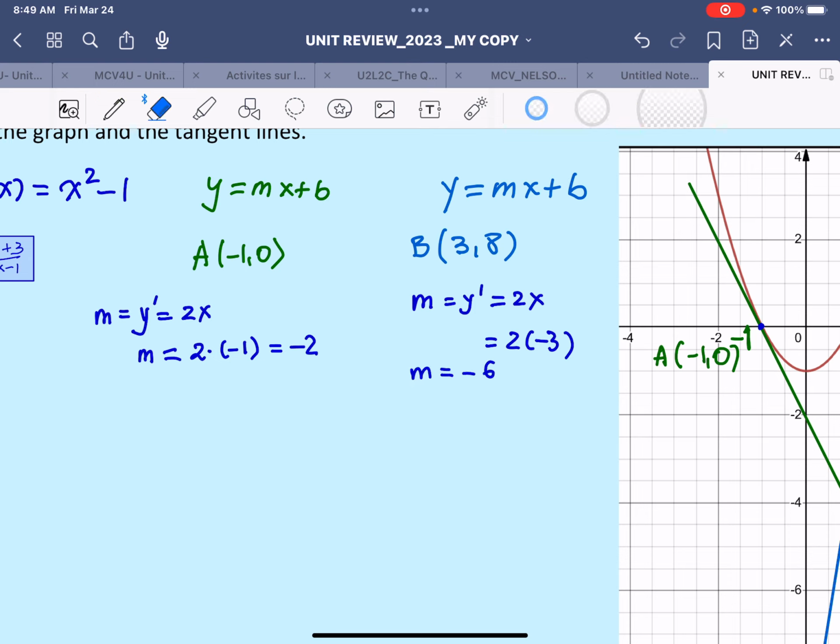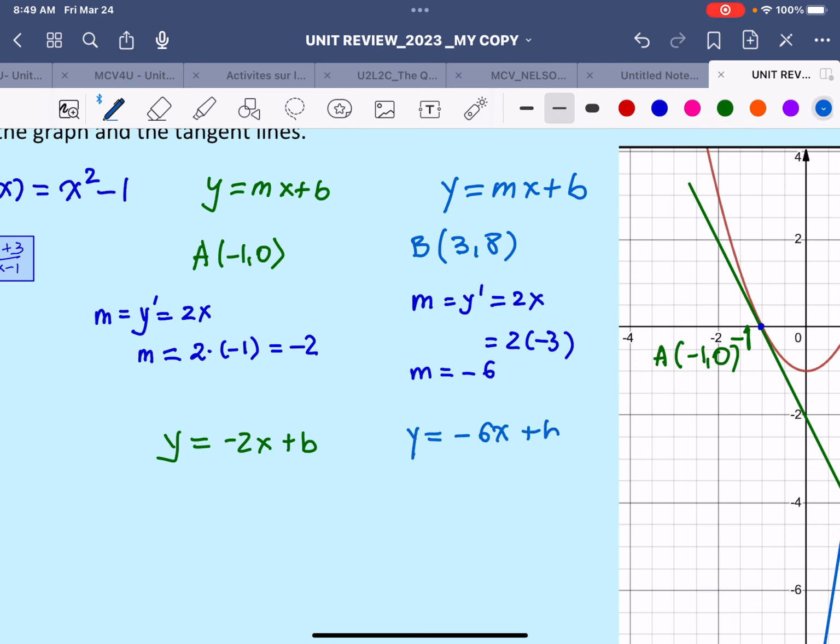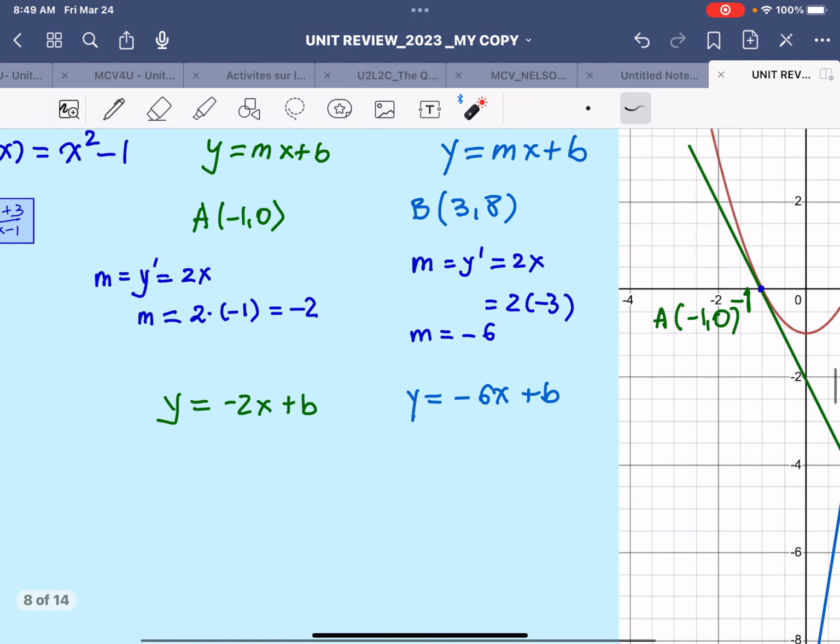So far we have brought our equations in the form y equals negative 2x plus b, and y equals negative 6x plus b. So all we have to do is find the y-intercept for each tangent line, and for this all we have to do again is substitute the coordinates of x and y at the point of tangency. And let's take a look at what we get here.